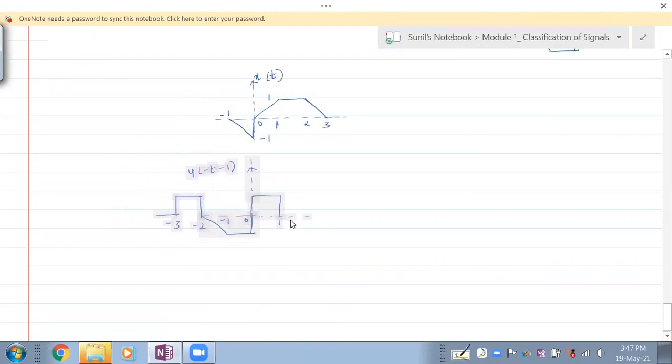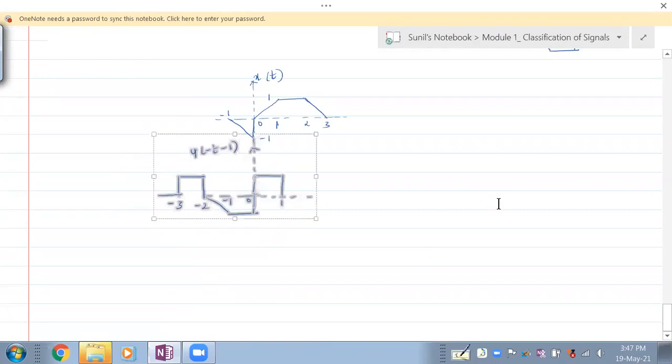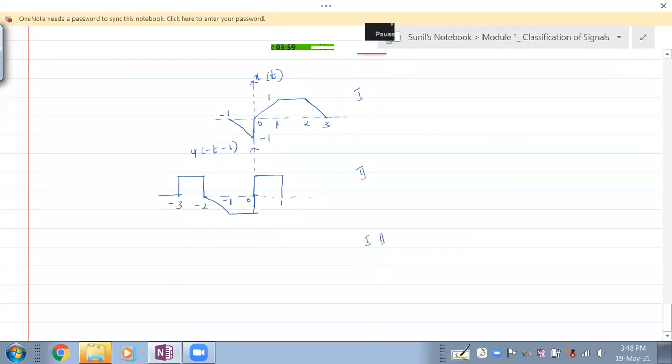Yeah, I think this is fine. This is what you need to have. Then you need to multiply this. If you consider this as the first signal and this as the second signal, then y of t is the multiplication of the first signal and the second signal.